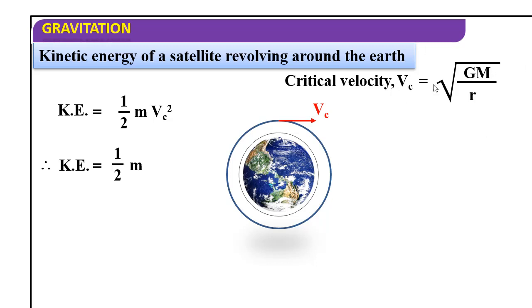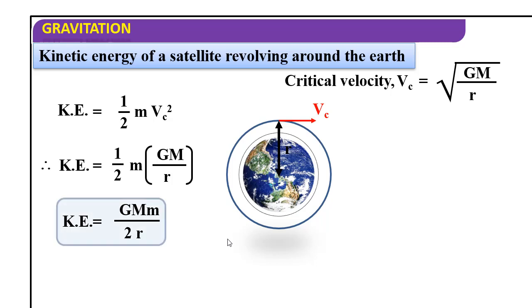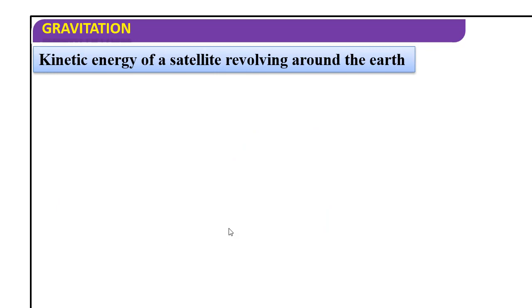So critical velocity Vc is equal to root over GM by R, Vc square is GM by R. So kinetic energy is GMm by 2R. This is the form. So the kinetic energy of a satellite revolving around the earth is GMm by 2R.